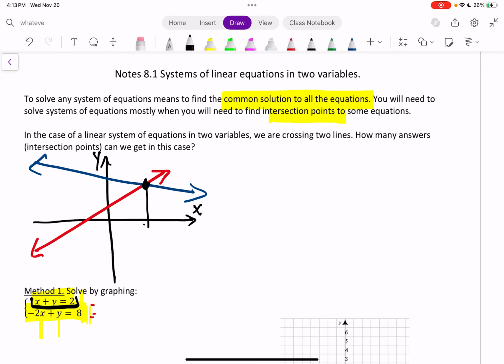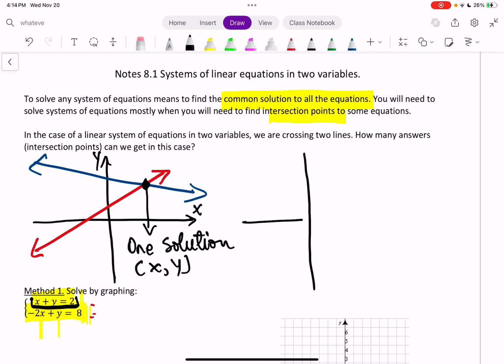So 2 lines, if they do cross, will cross in 1 point only. So we will only get 1 solution, and that solution is the intersection point between these 2 lines. So we will get as a solution an ordered pair x comma y. Now, what else could happen to 2 lines?